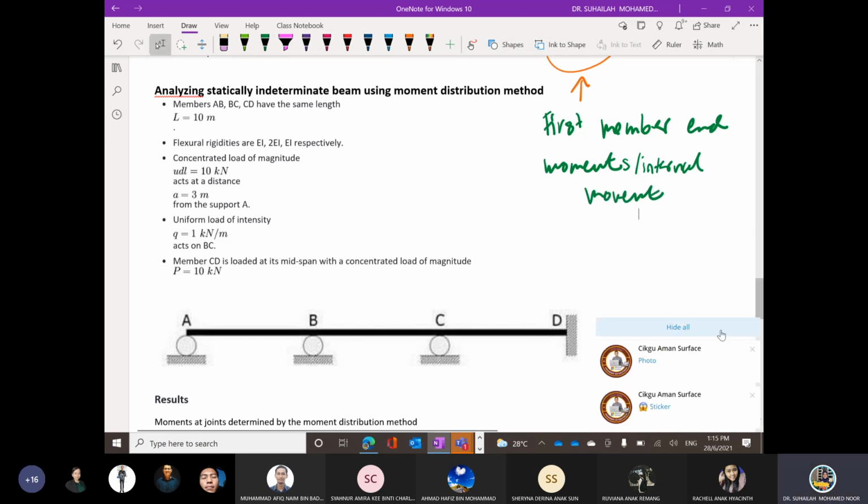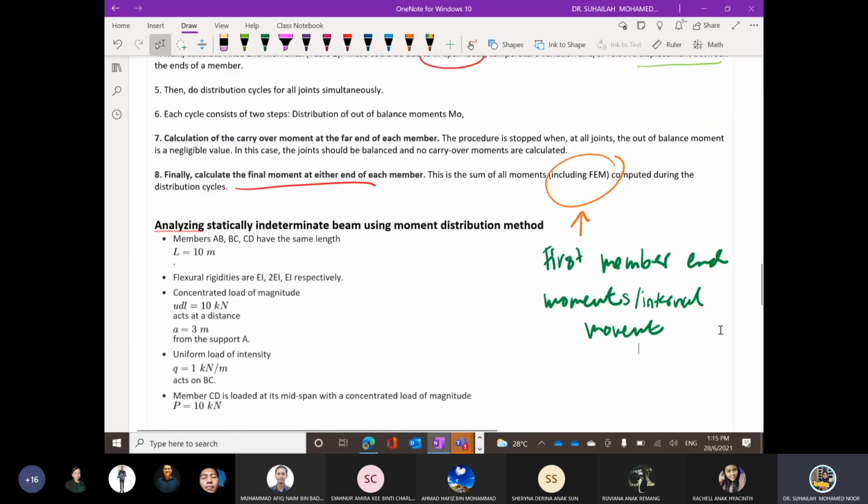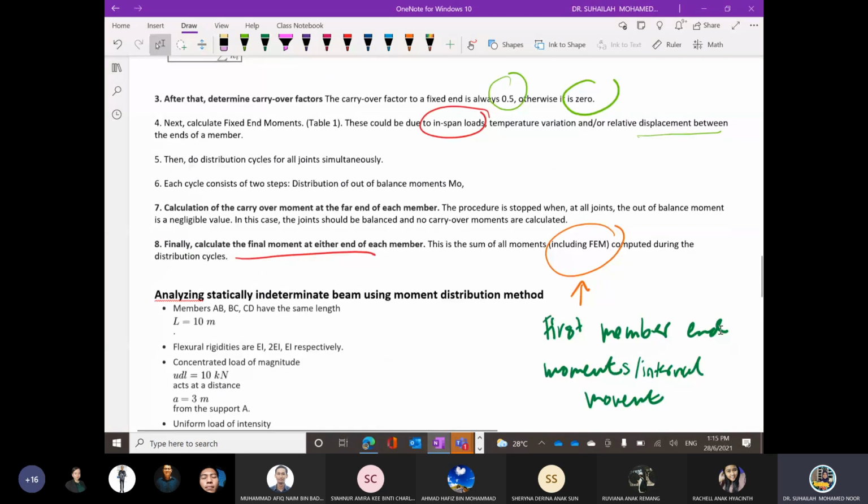So to calculate the value, the first moment value that we need to consider must start from the first fixed end moment in the table. The first after distribution is the fixed end moment, so that is the first member end moment value in the table.